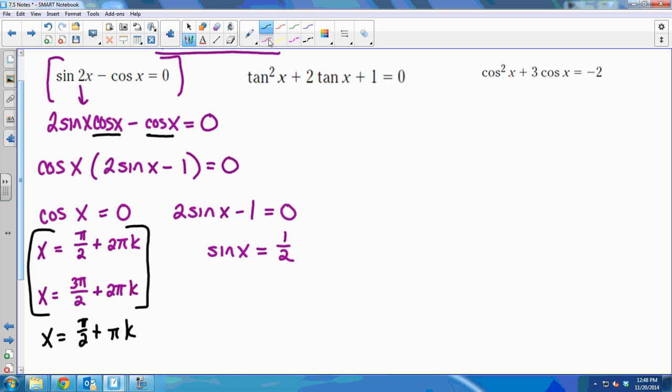All right, on the other part, sine x equals a half. What angle measures have a sine of a half? And we'd have to have plus 2 pi k for each. You could not condense this one because it's not a whole 180 degrees apart. It's not consistent.